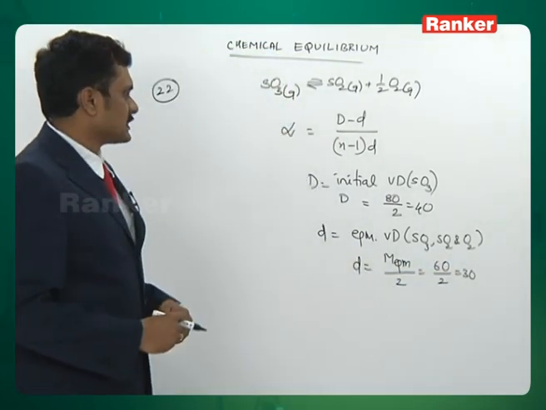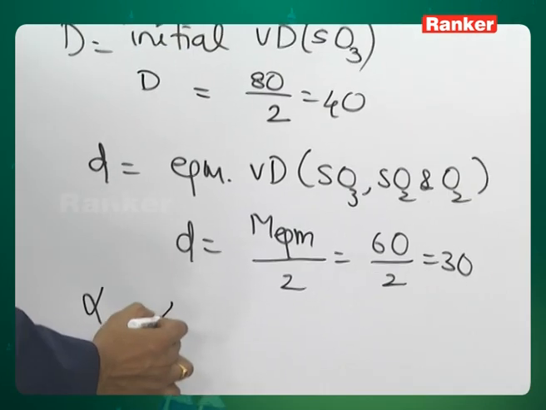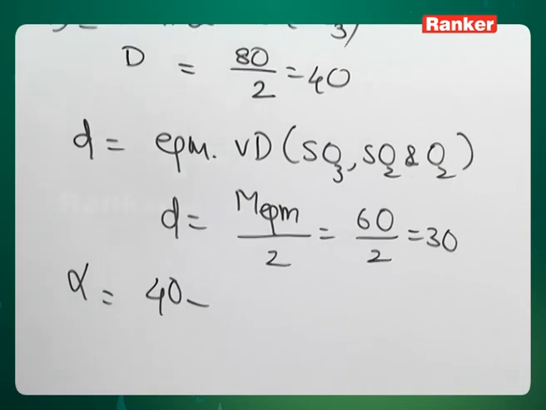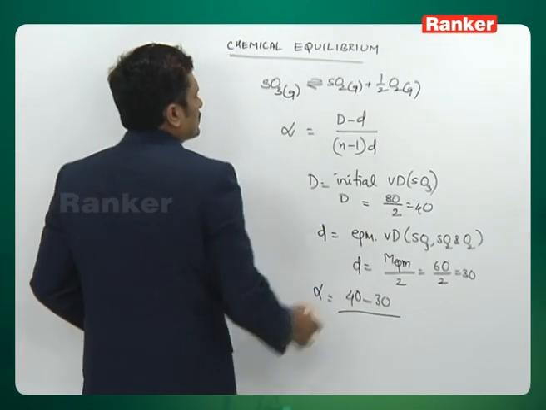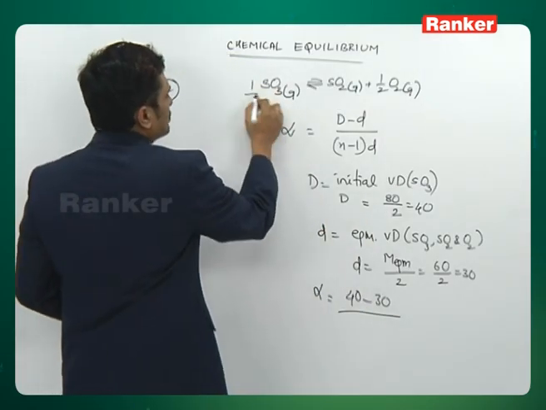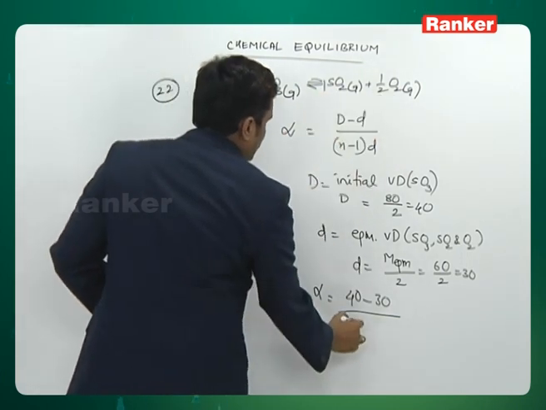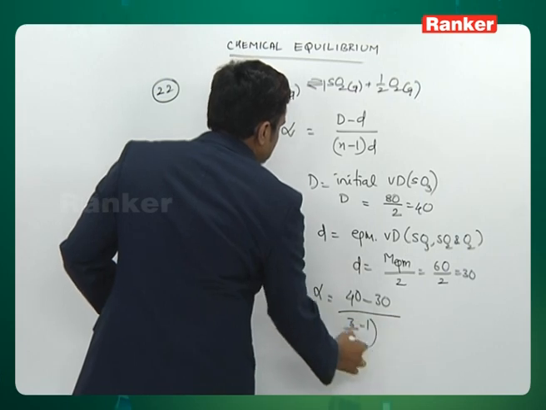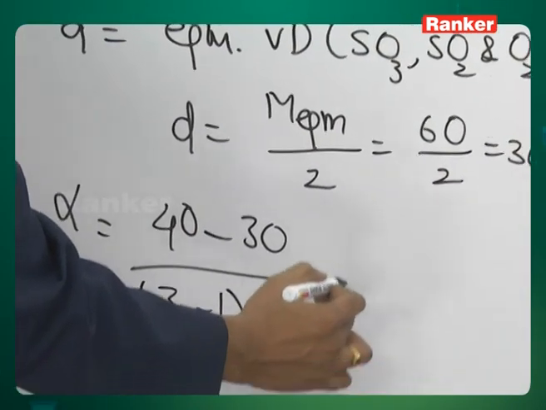We can find out the value of small d. Now, when I substitute in that equation, I have capital D as 40 initially due to SO3, molecular weight of SO3 is 80 upon 2, by 30 into n. The number of moles of products produced from 1 mole of SO3 is 1.5 or 3 by 2, into the small d, which is again 30.